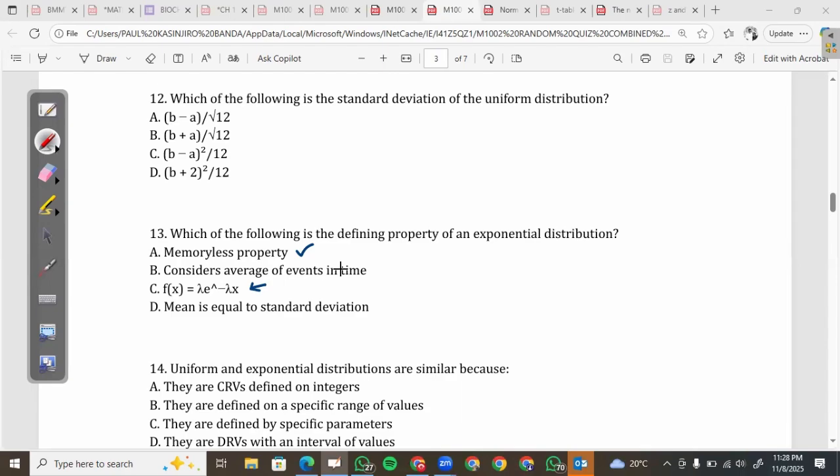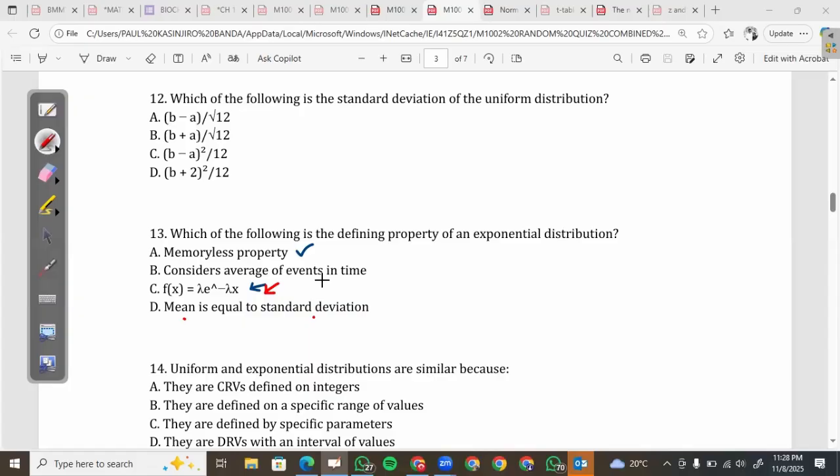Under the exponential distribution, we know that the mean is equal to the standard deviation. That's true. This one is the PDF for the exponential distribution. That's true. And then it considers the average of events in time. That's true again. And then the memoryless property. The memoryless property is the defining property of the exponential distribution.